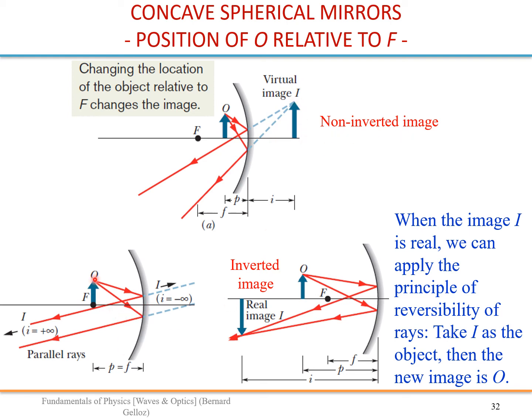When it is at the focal point, you get a real image at infinity, therefore parallel rays like this. So i equals plus infinity means the image is very far away. In this case i is the image distance to the mirror. And when your object is away from the focal point, you have a real image, inverted, in this way.